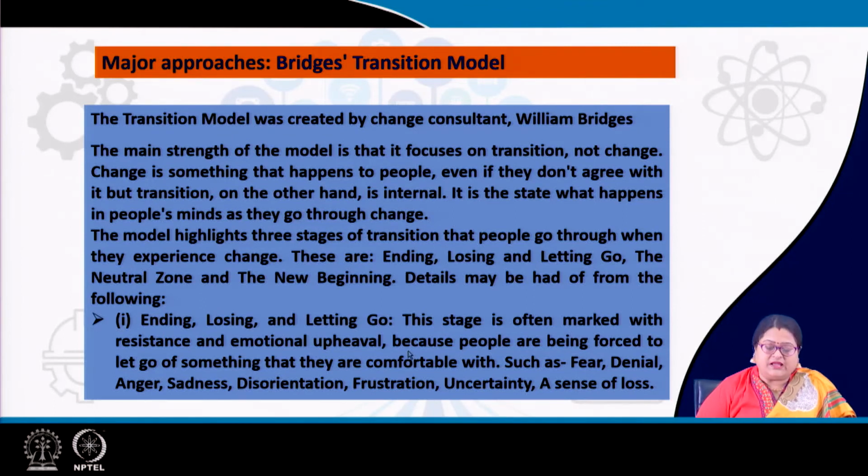As a result, a sense of fear, denial, anger, sadness, disorientation, frustration, uncertainty, and a sense of loss may arise, because you have to let go of something that you are very fond of and comfortable with.